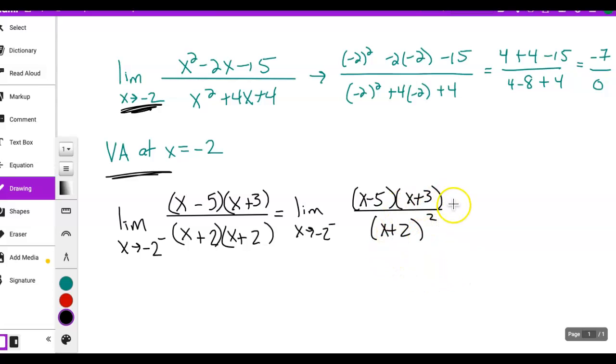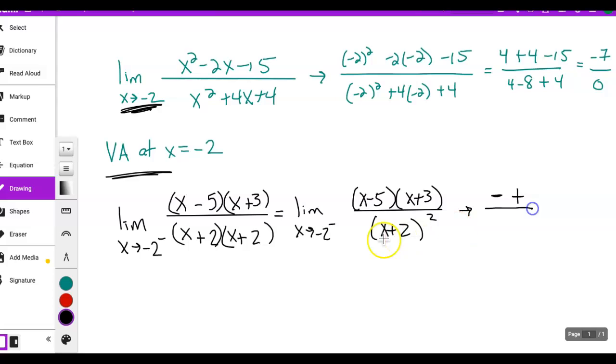All right, so just a sign chart here. We're going to plug in a number that's a little bit more negative than negative 2. So a negative minus a negative is a negative. A number that's a little more negative than negative 2 would be negative 2.00001. If I take that and I add 3, I get a positive.